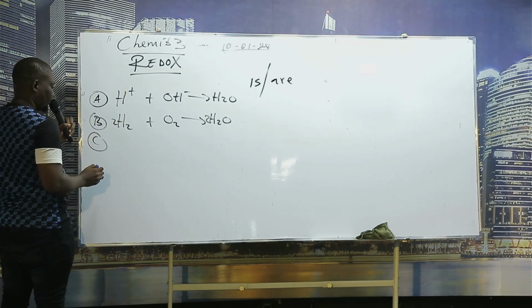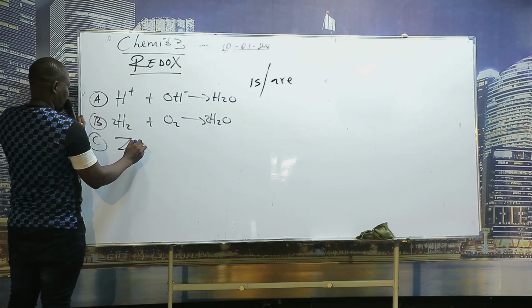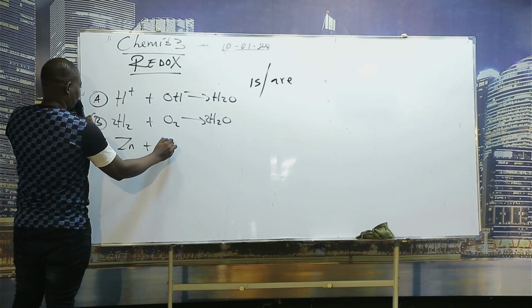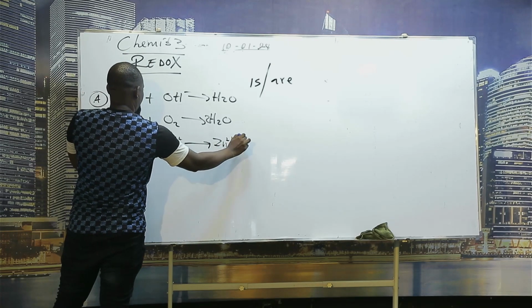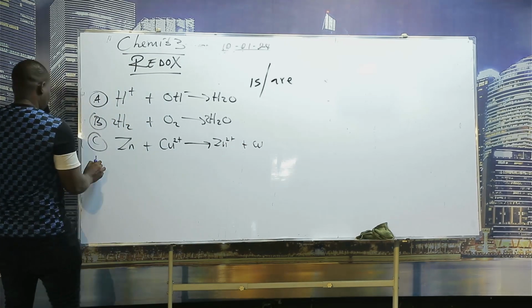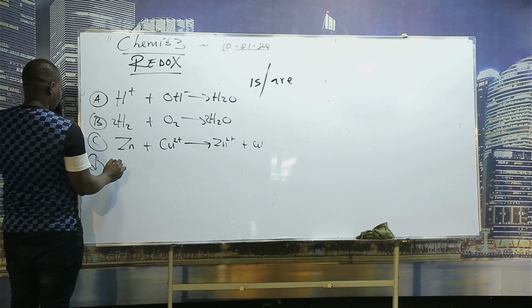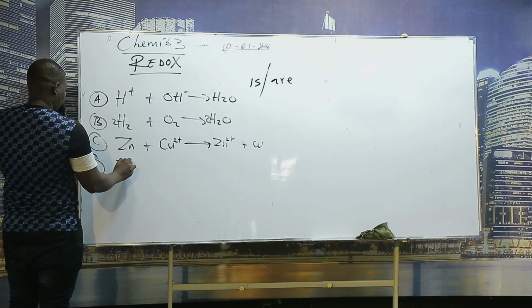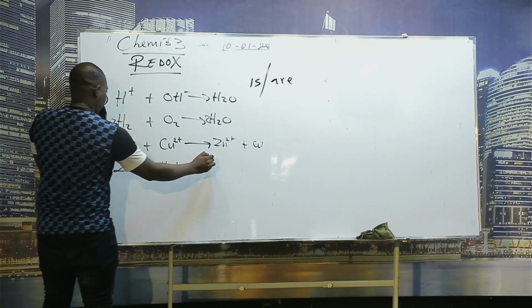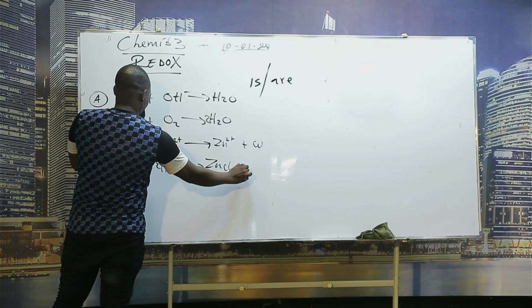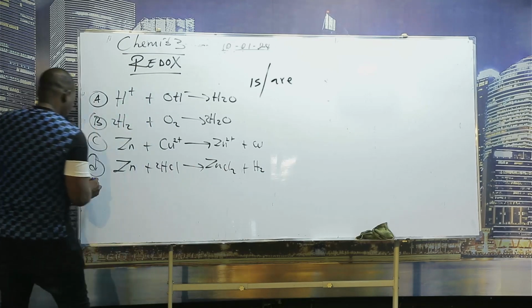C. Zn plus Cu2+ equals Zn2+ plus Cu. D. Zn plus HCl gives ZnCl2 plus H2.